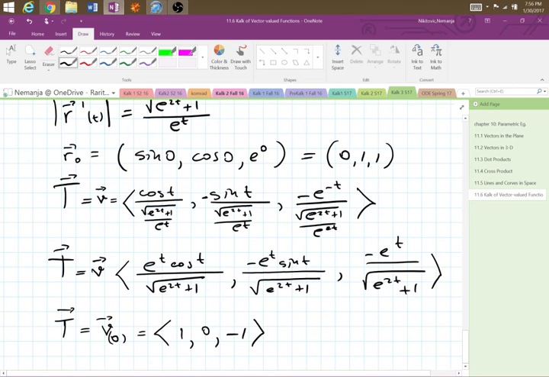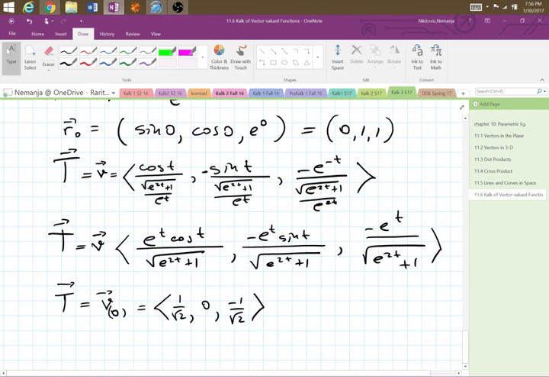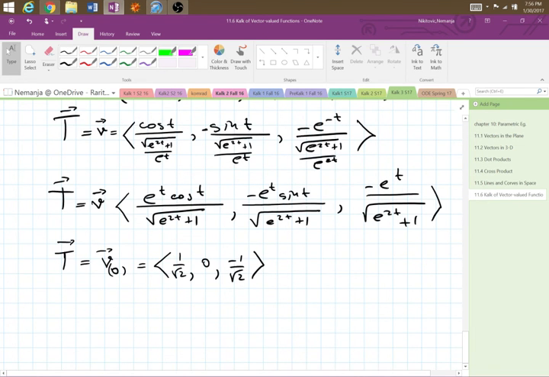On the bottom, we actually have divided by root 2. Right? e to the 0 is 1, plus 1 is 2. So square root of 2. Awesome. There it is. Root 2 over 2, 0, negative root 2 over 2.